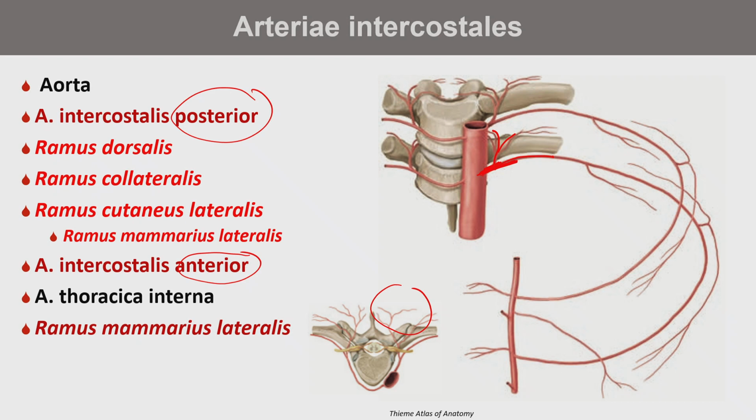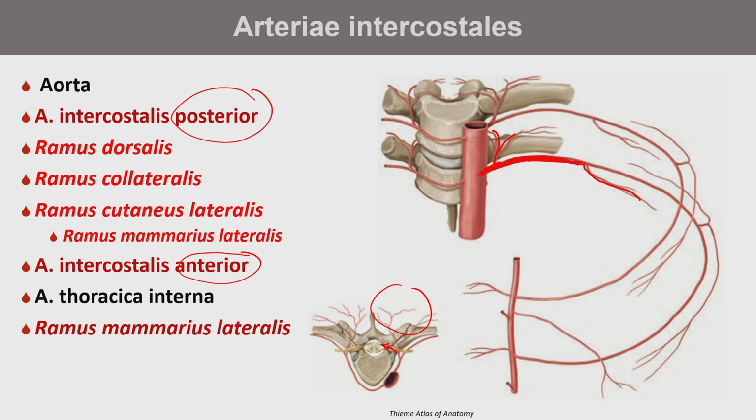And also some branches are going along spinal nerves into the spinal canal. After several centimeters, at the level of about the angle of the rib, there is an important branch which is called the collateral branch.